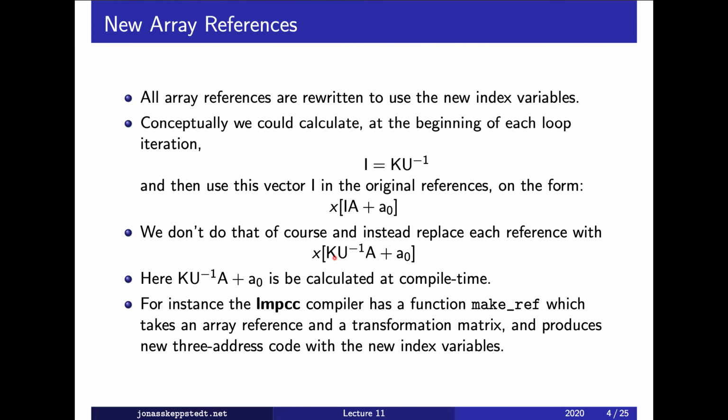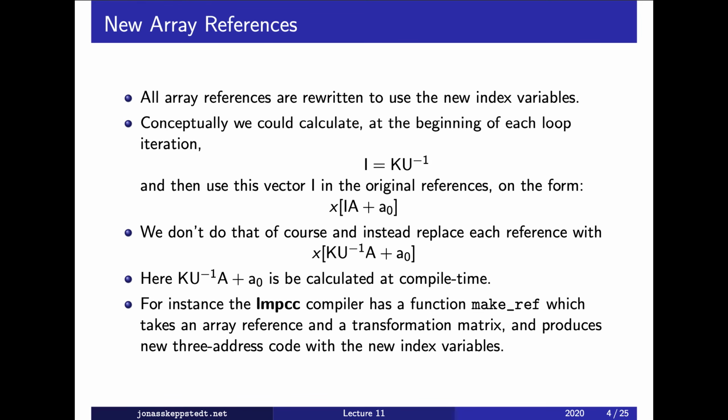Instead, we compute what the reference should look like given the original reference, and that is given by this expression. So each reference needs to be regenerated from the original reference and the inverse of the transformation matrix.